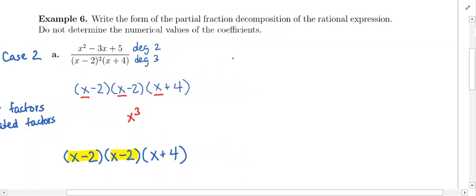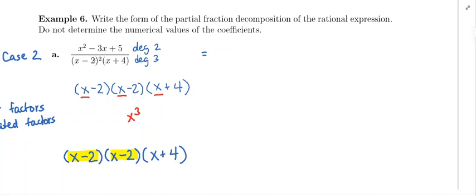To do this, I'll just start writing right here. I am first going to handle the x minus 2 squared. Do not let that second power throw you off.